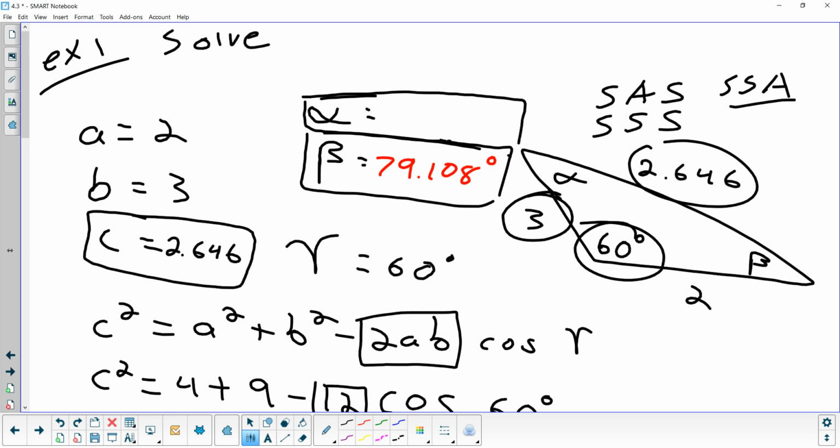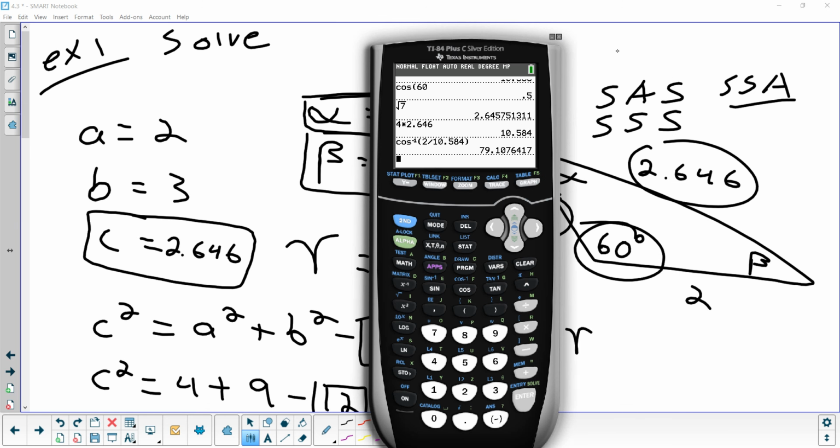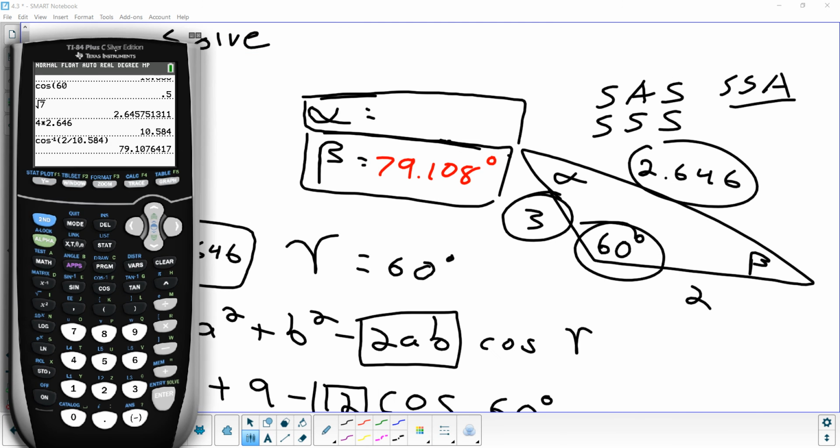And now my last step is to get alpha, but that one's going to be quick. How can I get alpha? Yep. Beta and gamma. All right, so let's just add beta and gamma. So I get 60 plus 79.108.